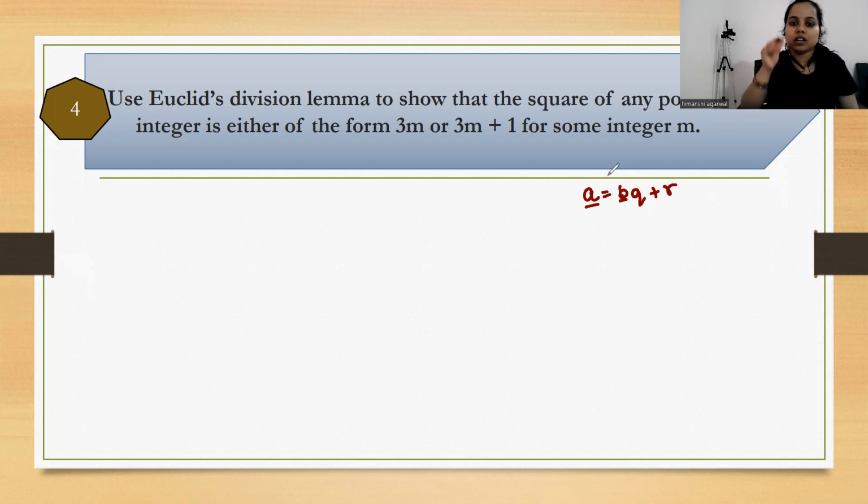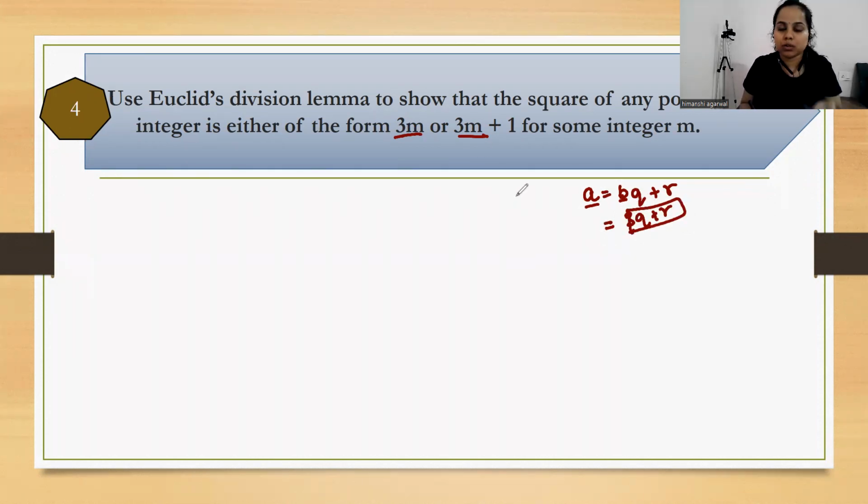In such a question, the hint is already given in the 3m plus 1. If I write it in the standard form, I want something like 3q plus R, so that I can relate it to this question. Whenever such a question is given, consider the value of B to be 3.